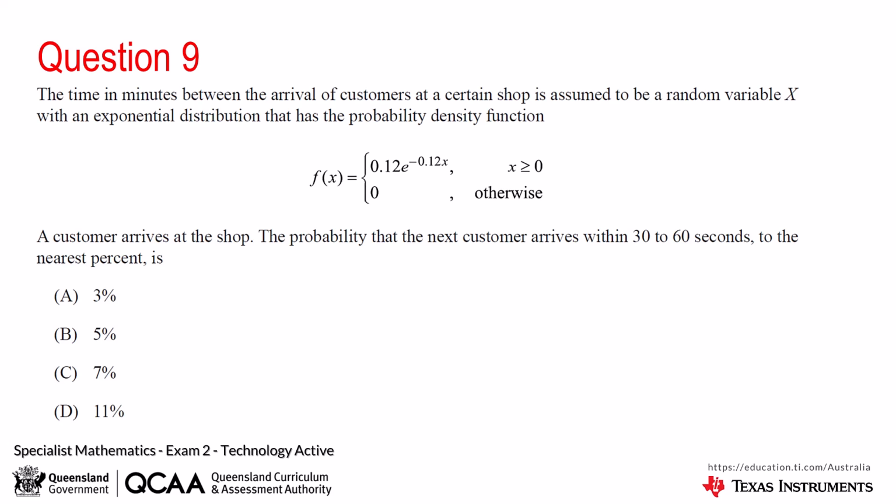Our definite integral needs to be using limits involving minutes rather than seconds. So we need to be very clear that 30 seconds corresponds to 0.5 minutes and that 60 seconds corresponds to 1 minute.